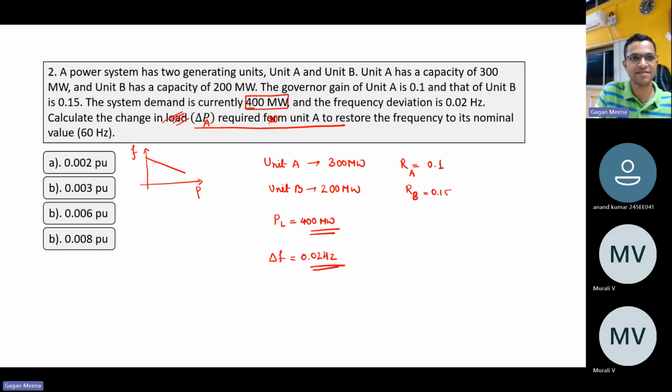Actually, this information is not needed here. Whatever may be the load, we don't know the change in load, so this information is irrelevant. The change in frequency is sufficient to know the change in generation.